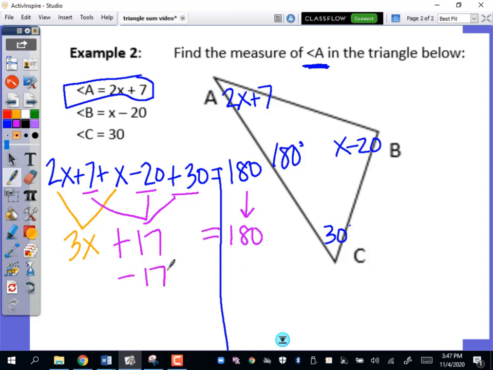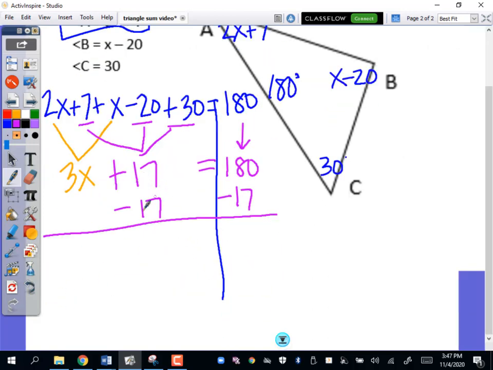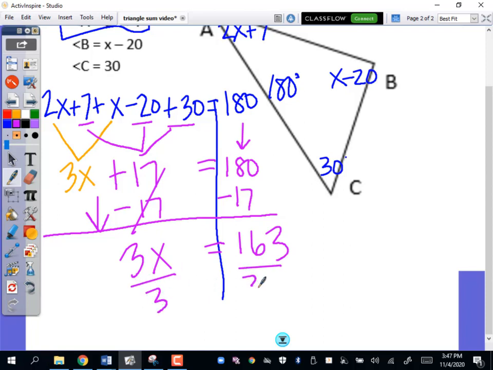Minus 17, minus 17. That cancels out. 3x is here. 180 minus 17, I type in the calculator, I get 163, and then last step, divide by 3, x equals 54.3. Great.